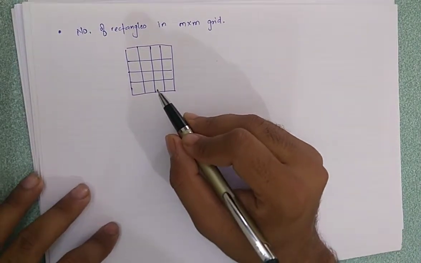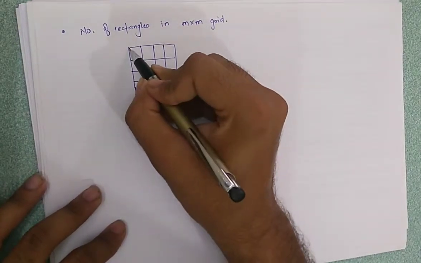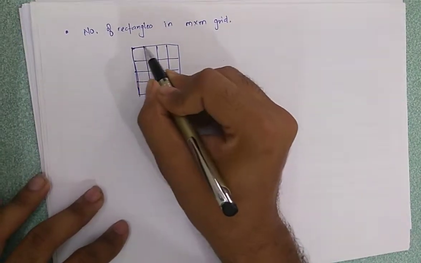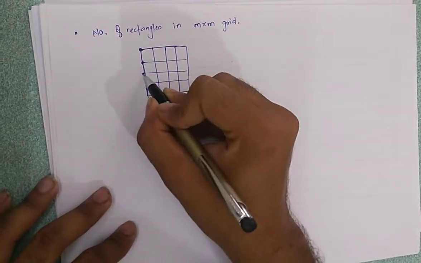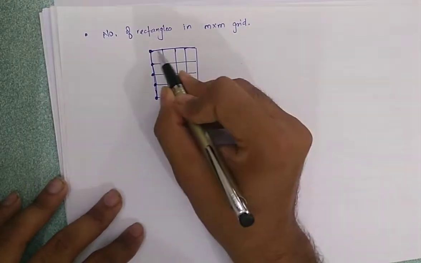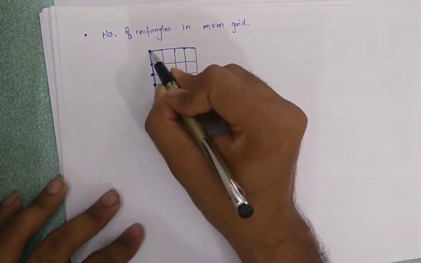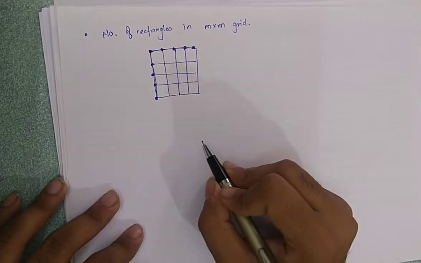So how do we find it? See, the number of points on a row in different columns are first point, second point, third point, fourth point, fifth point. Similarly, the number of points in a column will become 1, 2, 3, 4, 5.